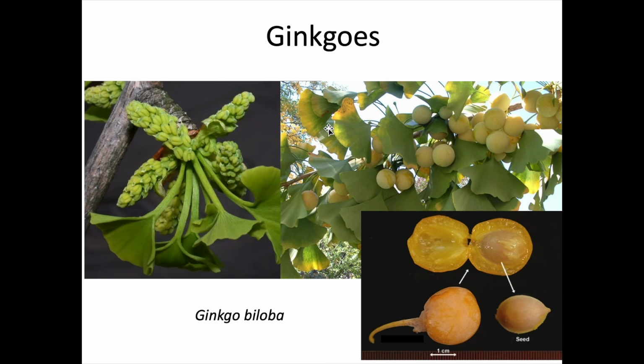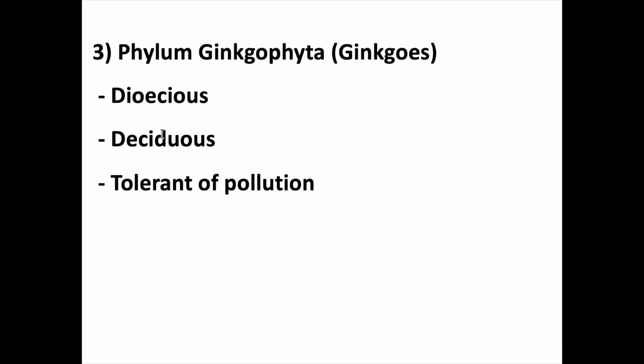And we can see a male ginkgo here, producing male pollen-producing structures, and here's a female ginkgo here, producing a seed surrounded by, once again, what looks an awful lot like a fruit, but it's evolutionarily not really a fruit. Because we see male and female individuals, this is dioecious.